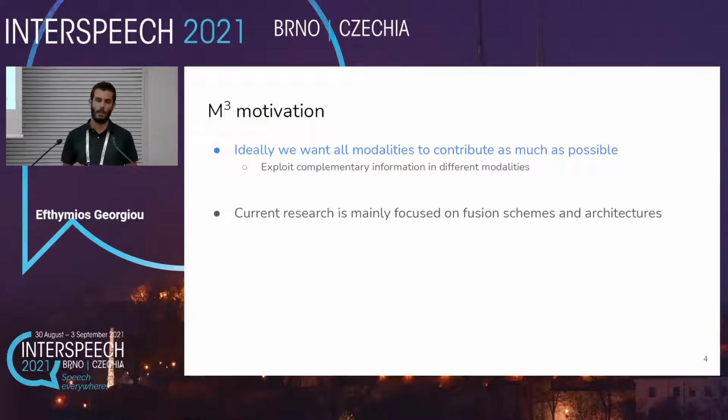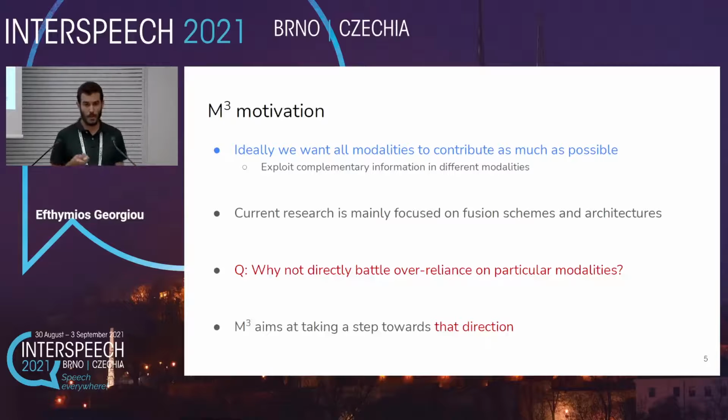This means that we would like to exploit all the complementary information across modalities and better capture cross-modal interactions. However, most current research is mainly focused on building better multimodal architectures and better fusion mechanisms.